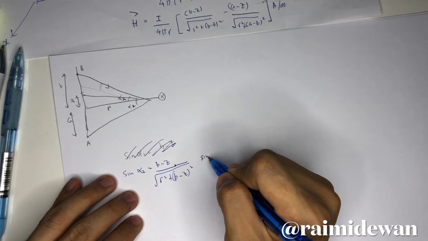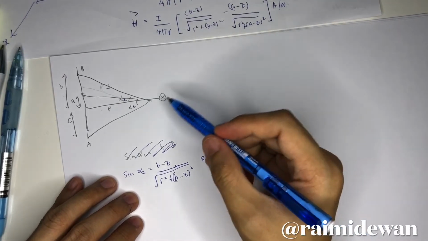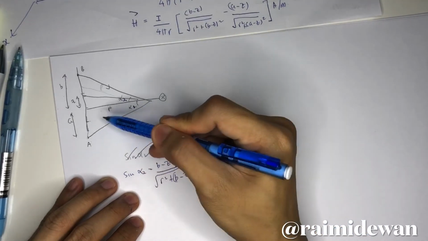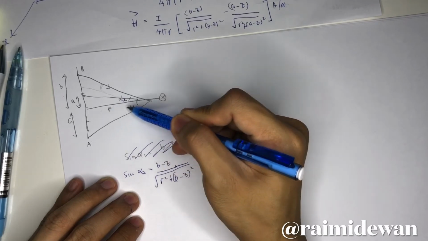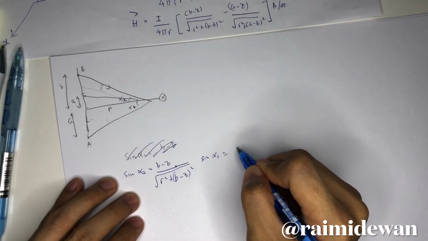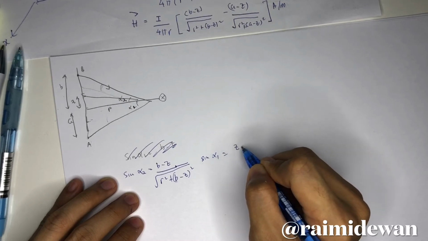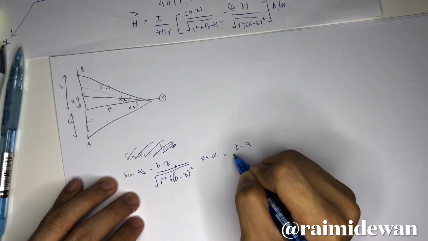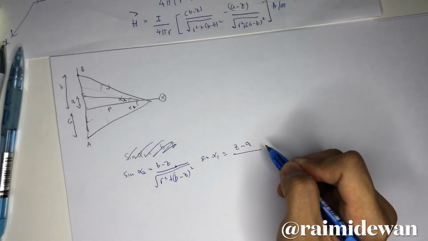Then how about sine alpha 1? Alpha 1 is from here over here, the opposite over the hypotenuse. So what is that? It is z minus your a.